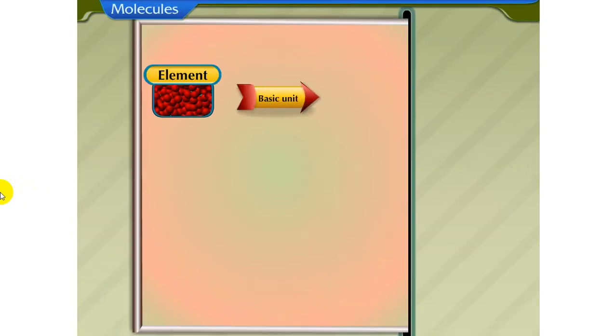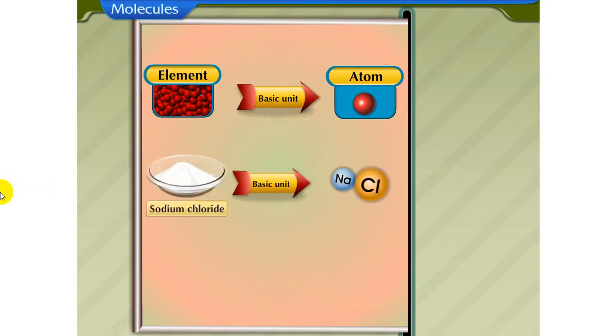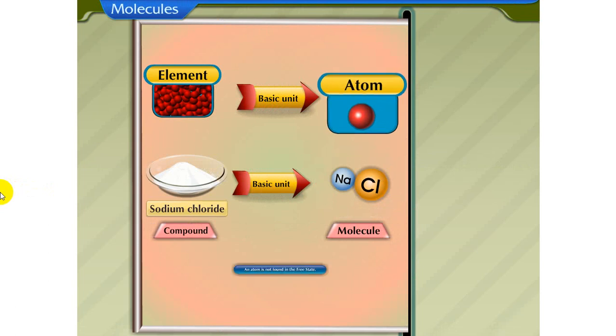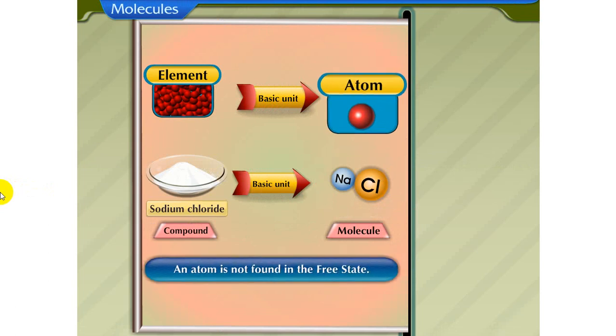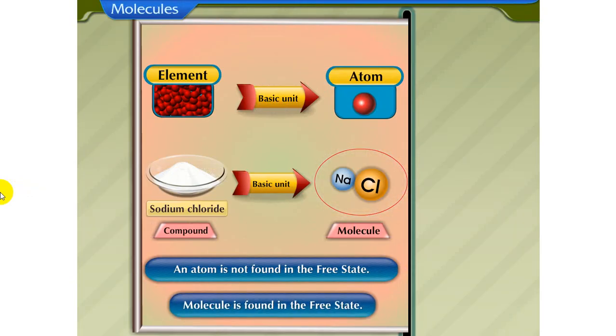As the basic unit of an element is an atom, similarly, the basic unit of a compound is a molecule. An atom is not found in the free state, but a molecule is found in the free state. A molecule is made up of two or more identical or different atoms of elements.